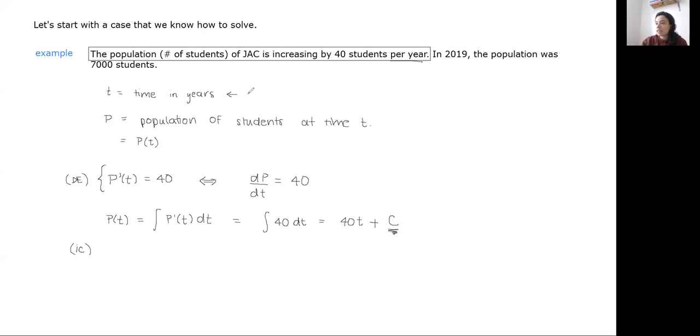So I'm going to say that t equals 0 corresponds to 2019. Now you don't necessarily have to make it correspond to 2019. You can say, for example, t equals 0 is the year 2000, or t equals 0 is actually the year 0.